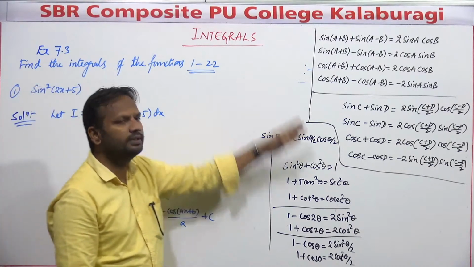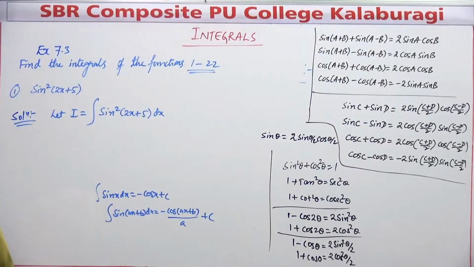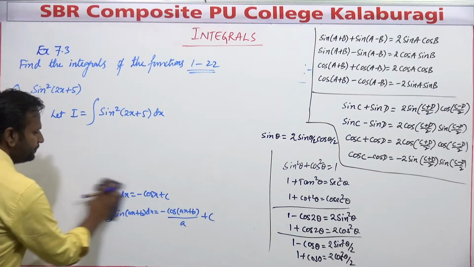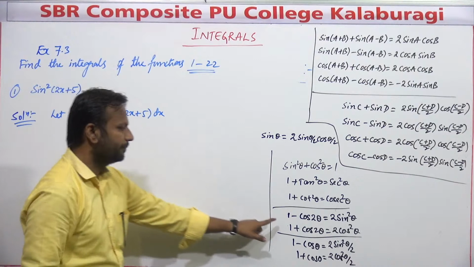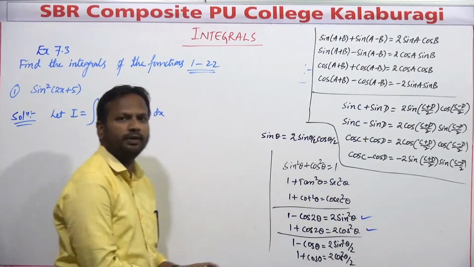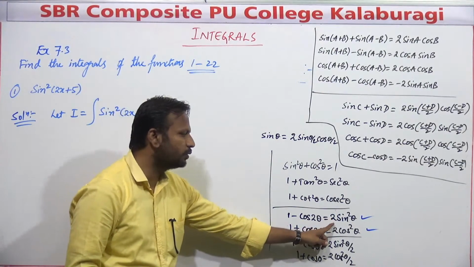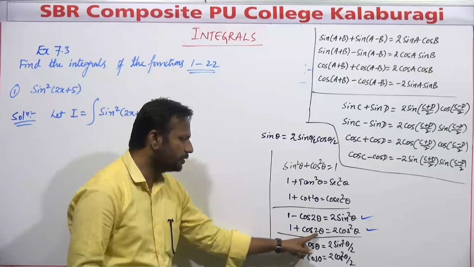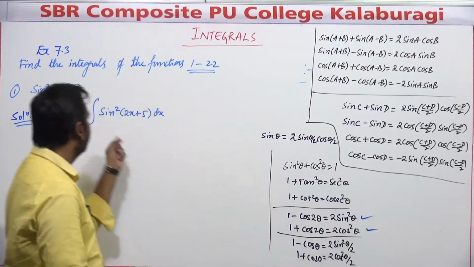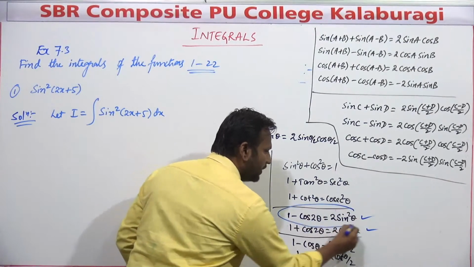With the help of these trigonometric formulas here. So how? Just see, it is very simple. I told you this formula, right? These two formulas are very much important. If you focus on these things, 1 minus cos 2 theta is 2 sin square theta, and 1 plus cos 2 theta is 2 cos square theta. So what I require here is sin square. Sin square is required, so I will be using this formula here.